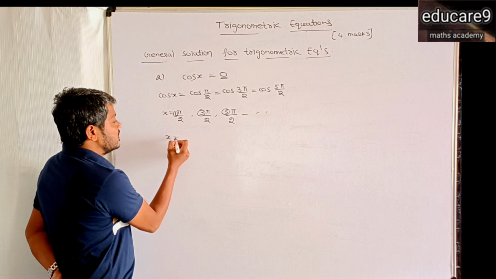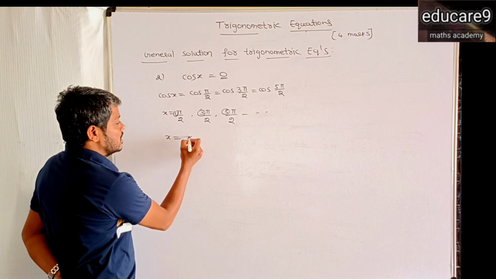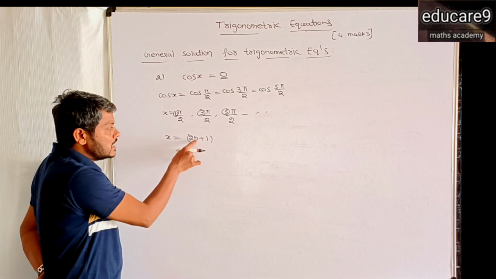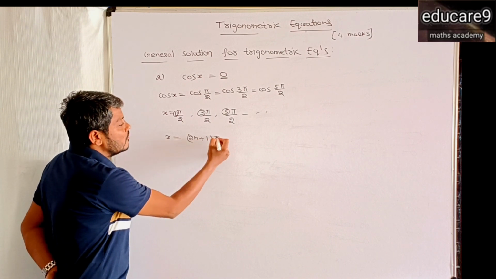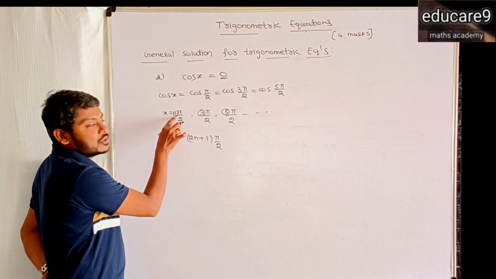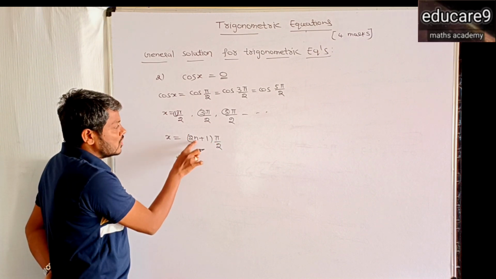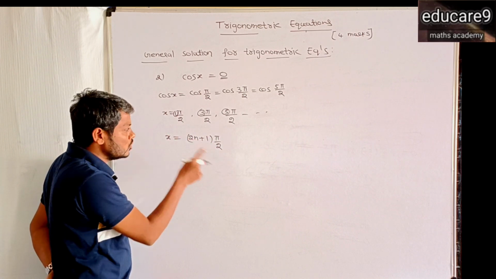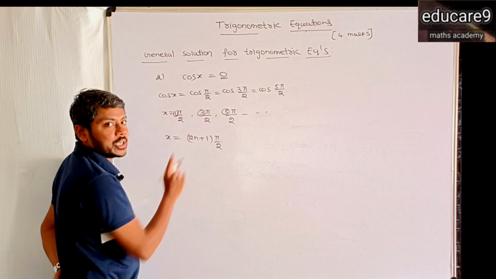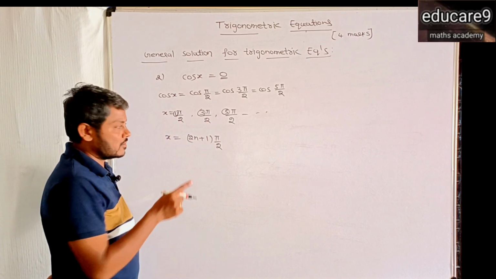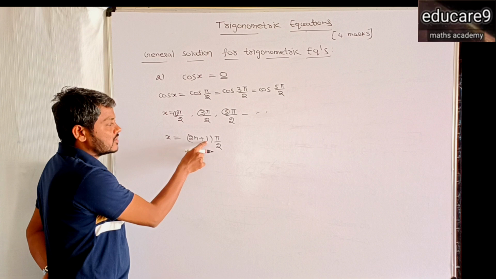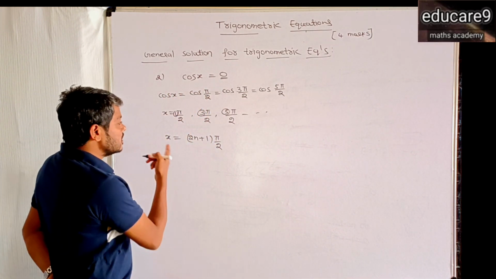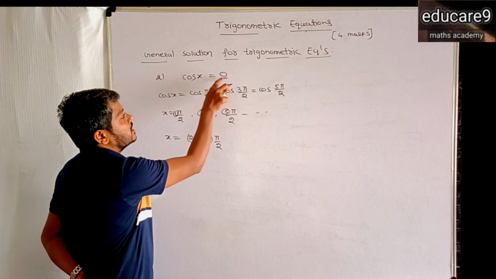We know that the general formula for odd terms is 2n plus 1. See here, if you substitute n is 0, then what is it? 1. 1 means the coefficient of pi by 2, so pi by 2. If n is equal to 1, 2 into 1, 2 plus 1, 3 pi by 2. If n is equal to 2, 2 into 2, 4 plus 1, 5 pi by 2. Similarly, if n is minus 1, 2 into minus 1, minus 2 plus 1, minus pi by 2. Again, cos of minus pi by 2 is 0. So clearly, this is the general solution for cos x equal to 0.